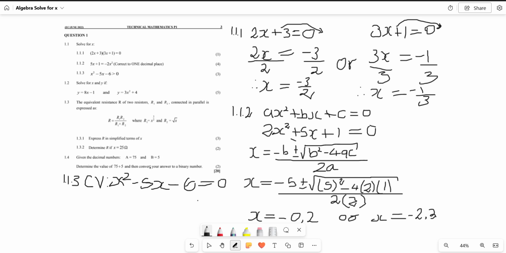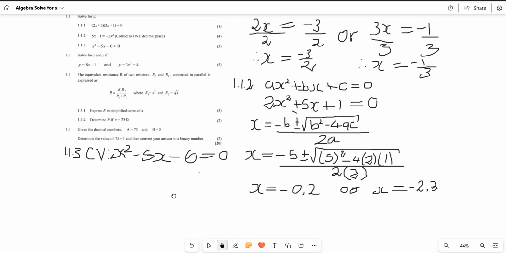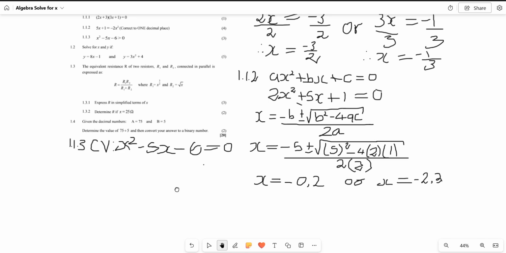Why are we writing this quadratic inequality as an equation? Because we have indicated the word CV, we have that liberty to write it in equation form. Now you will choose if you want to use the quadratic formula or factorization.